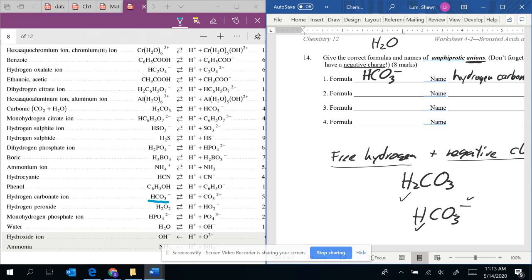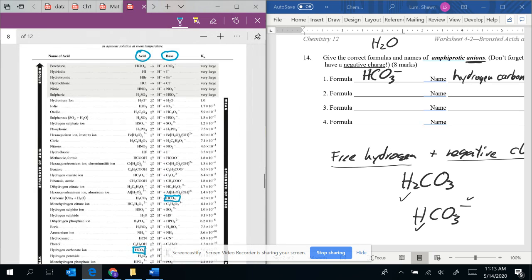Okay. Now, another way that I know that this is amphiprotic is that I see it as an acid, because amphiprotic means acid and base, and I also see it as a base right there. So we know that HCO3 is amphiprotic because, again, it's an acid and it's a base.